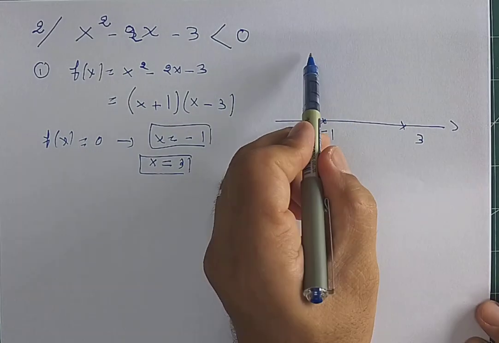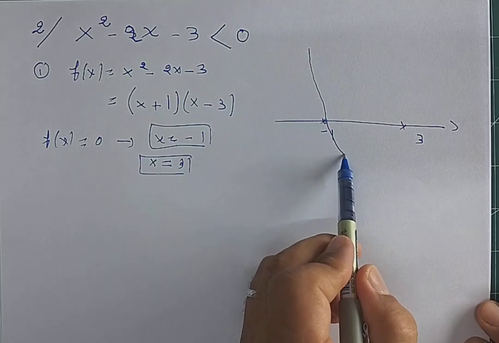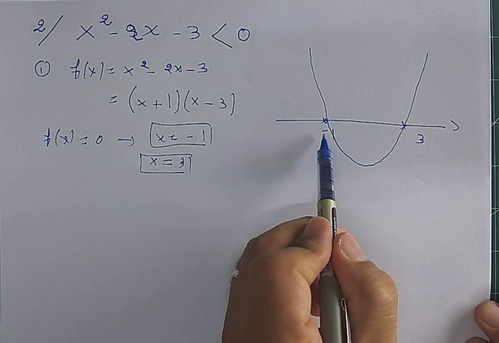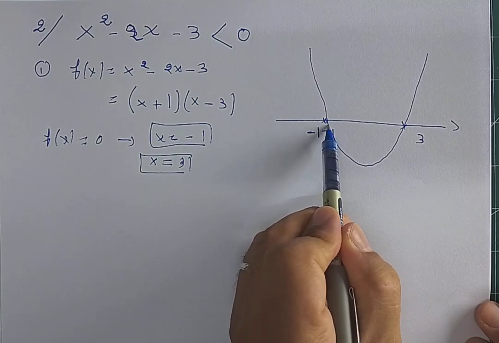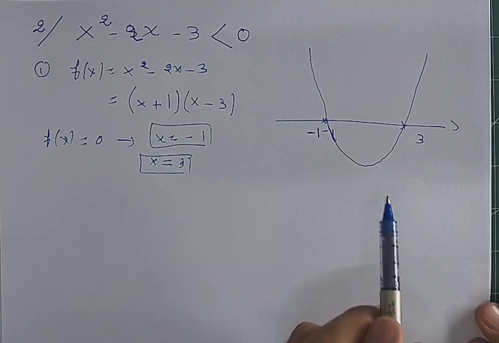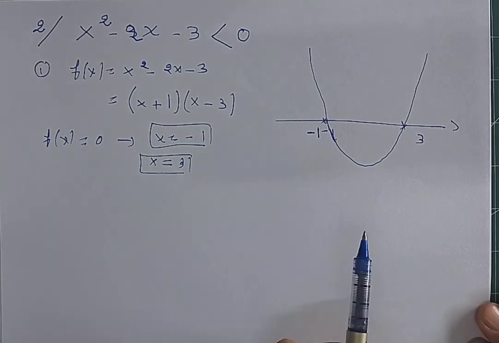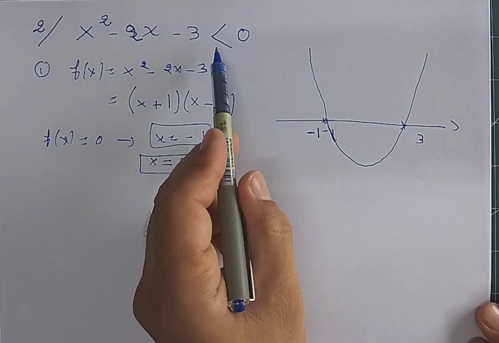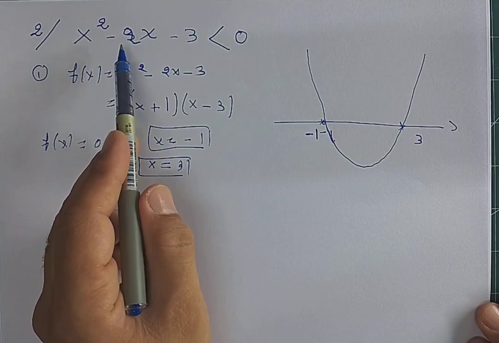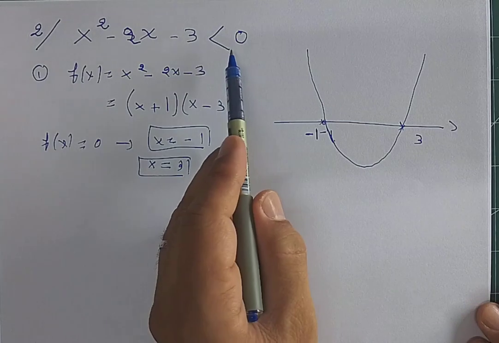This is like that. Okay? So this is the form of our graph of f. So here in this inequality, x squared minus 2x minus 3 less than 0.